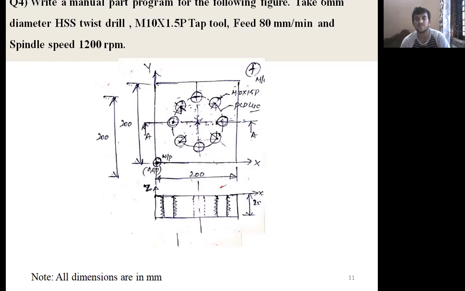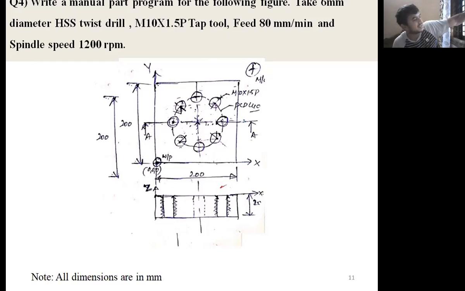Now we'll go for writing the program according to the type of operation, right? Once you decide the type of operation, first you do the drilling, second boring, third tapping. Now, this is a machining center. You have to fix the workpiece origin. How do you consider the workpiece origin here?